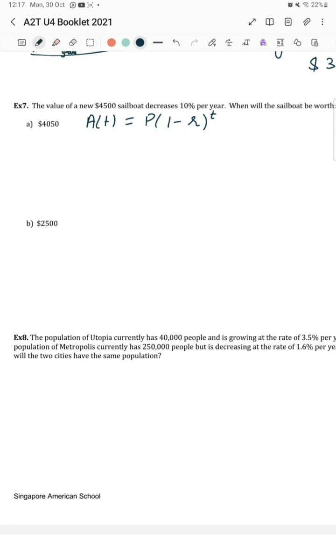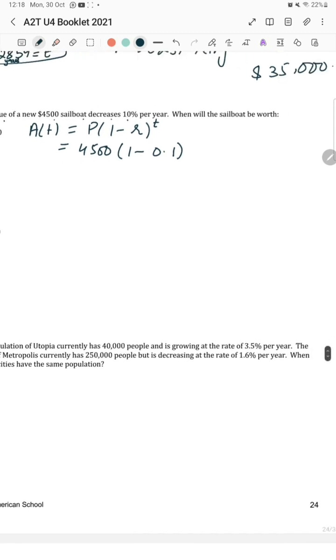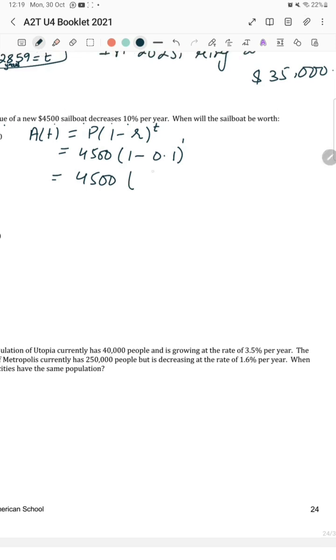The value of the new 4500 sailboat, so it's going to be 4500 times (1 minus 0.1) to the power t, because it's going to be in 1 year.